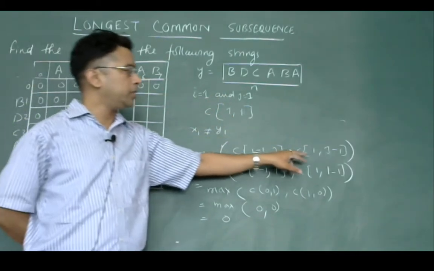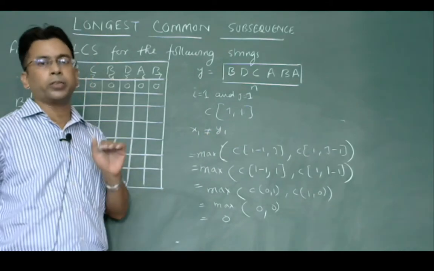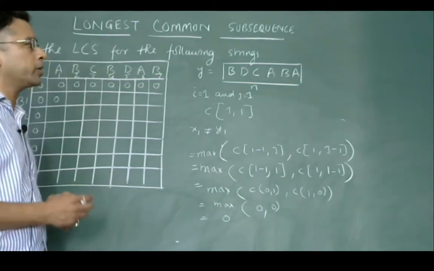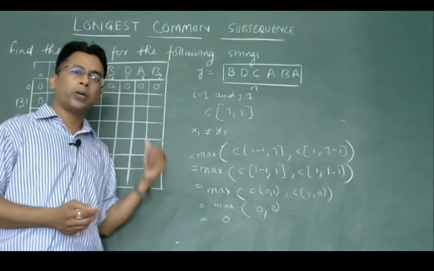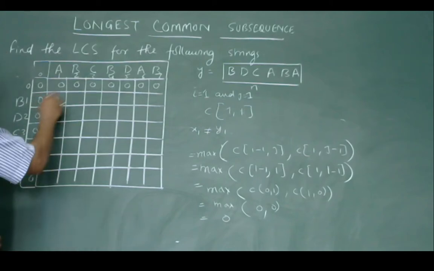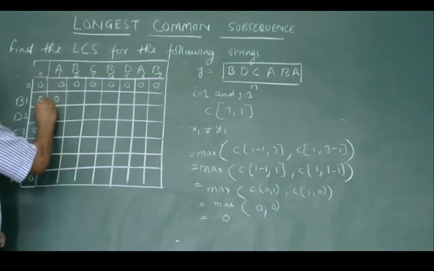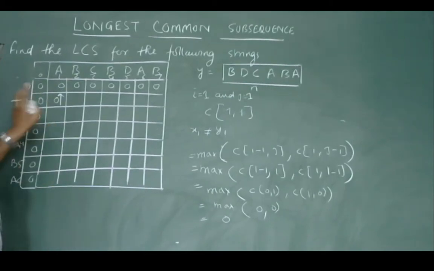And when c[i, j-1] is greater than c[i-1, j], then the arrow is horizontal. Okay, so there are three possible conditions, as I have discussed in the last lecture. So in this position, when the two elements are equal, the arrow direction is inclined.